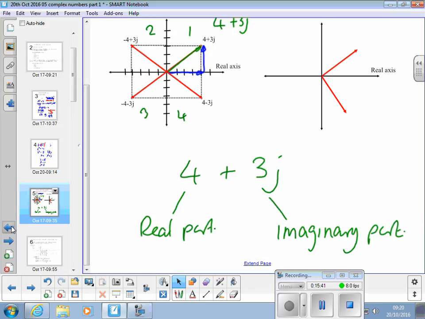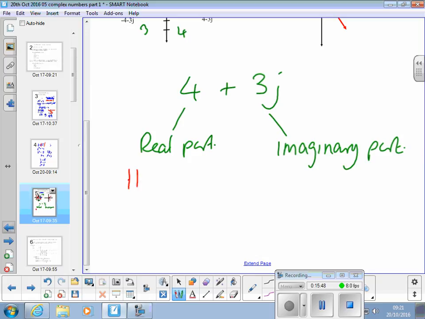Okay. You'll also hear this called the horizontal component in some terms of the vector, and this called the vertical component.